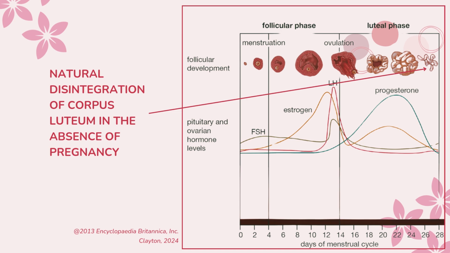But if pregnancy isn't in the cards, the corpus luteum packs up and breaks down, causing a drop in estrogen and progesterone levels. This hormonal dip signals the endometrium, the uterine lining, to shed, leading to your menstrual flow about 14 days after ovulation. It's the body's way of hitting the reset and getting ready for the next cycle, a neat and tidy wrap up before the whole dance starts again.